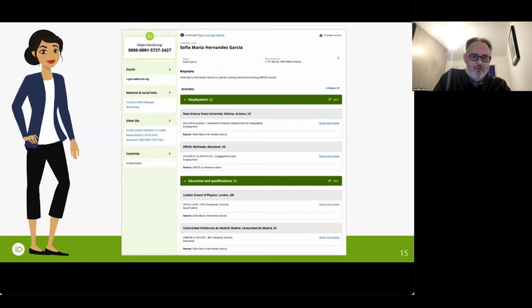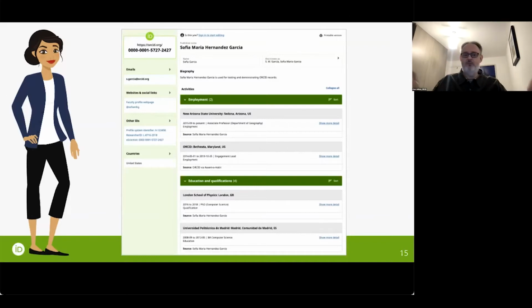That's that unique identifier with the zeros at the start in the top left-hand corner of the screenshot there. And then over time, she's either added herself information about her employment, educational qualifications, her publications, etc., or she has granted permission to organizations and systems that she trusts in order to update that information automatically.